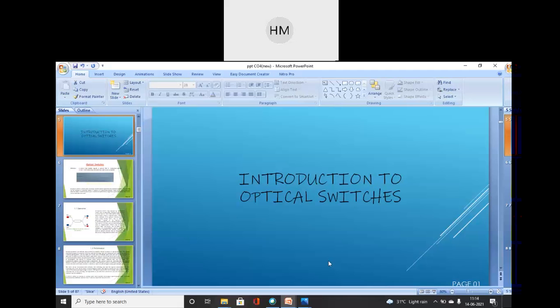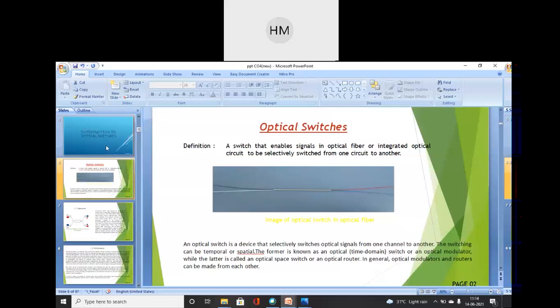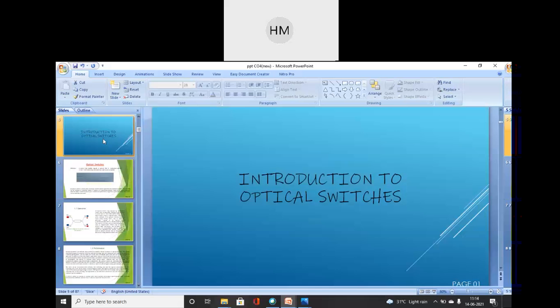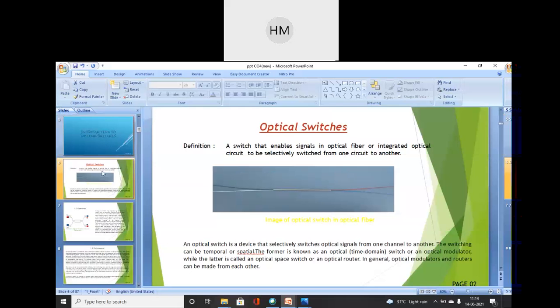There we use optical switches and amplifiers. N number of networks connected together is known as an optical network, where we are using fiber optic for communication purposes. So, optical switches. You can write down the heading, students: Unit 4, optical switches and optical amplifiers. The first topic is optical switches.